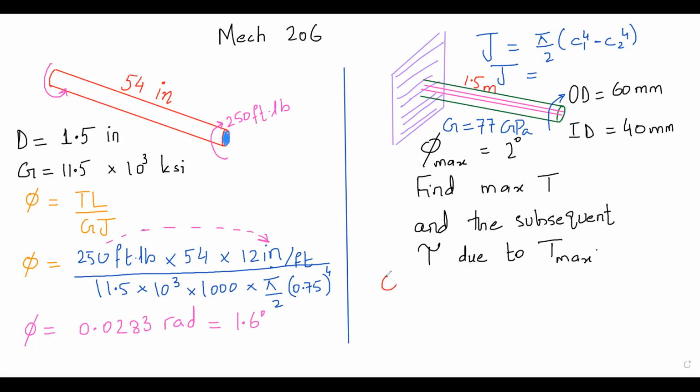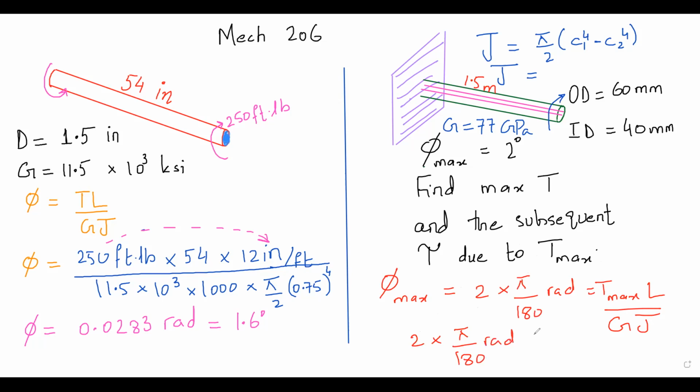So I will write phi max equal to 2 degrees multiplied by pi by 180 radians equal to TL over GJ. So I will have a nice pi by 180 radians into GJ over L is equal to T max.